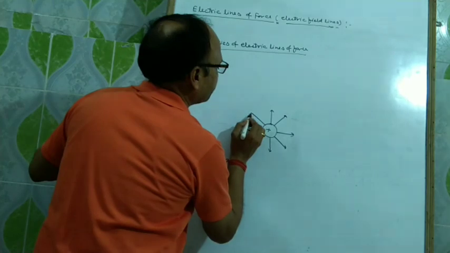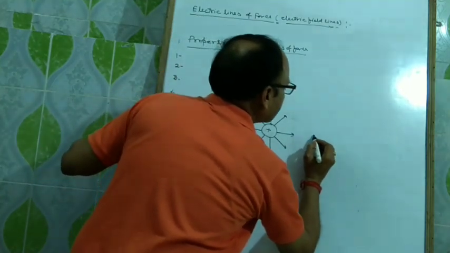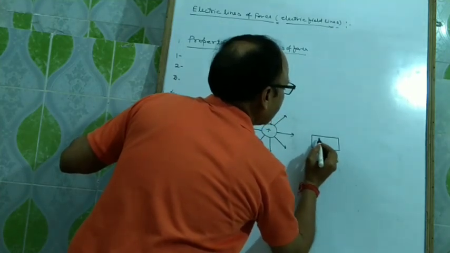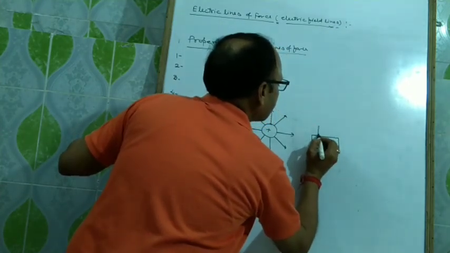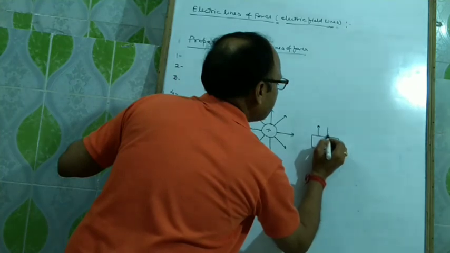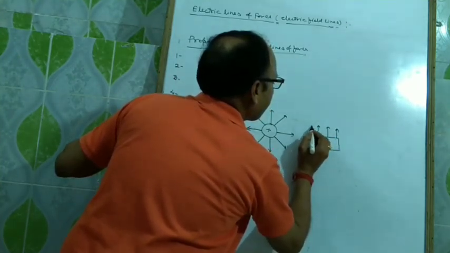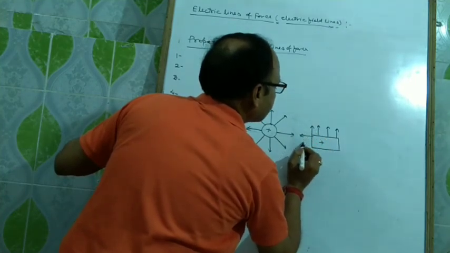Suppose the body is rectangular. At this time the electric lines of force will be perpendicular to the surface of the body, like this.